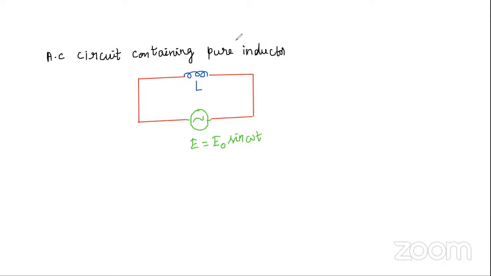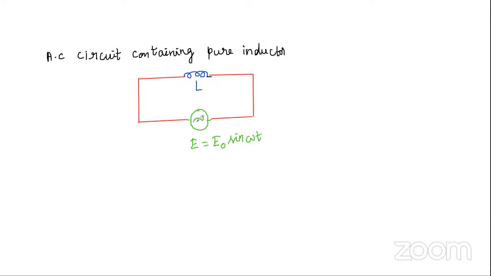Now what is the change here? What is the difference between an AC circuit containing pure resistance and pure inductor? When the AC signals pass through the inductor, you will be getting self-induced EMF in opposite direction to the original EMF.